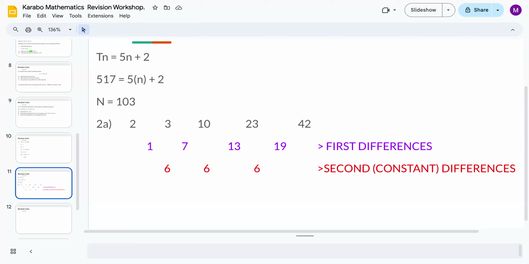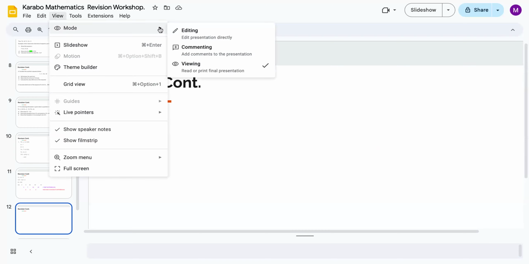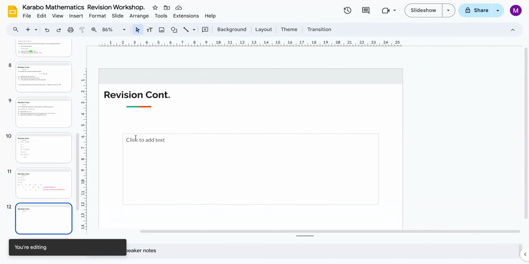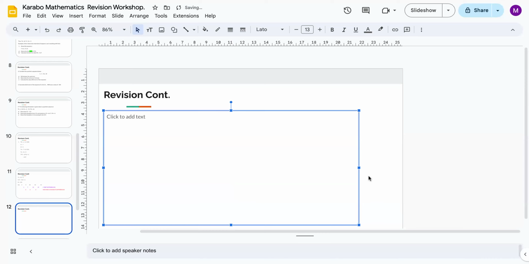Okay, guys, let's go through the question together. So we're trying to derive the nth general term or the formula of this quadratic sequence over here. Okay.